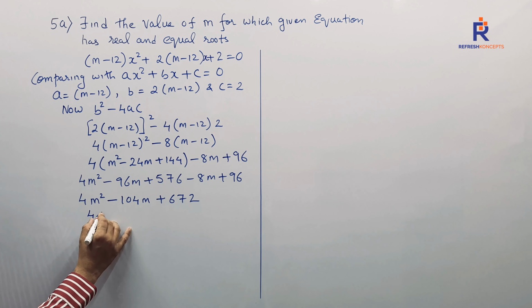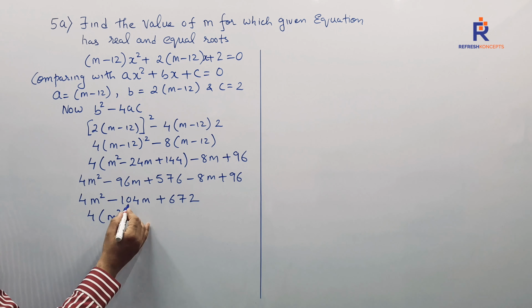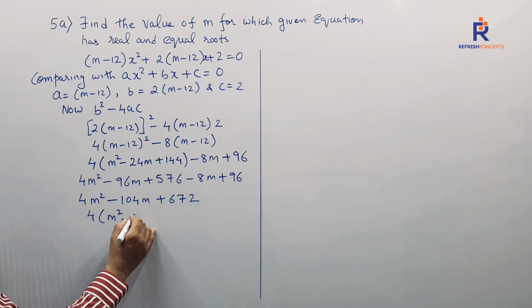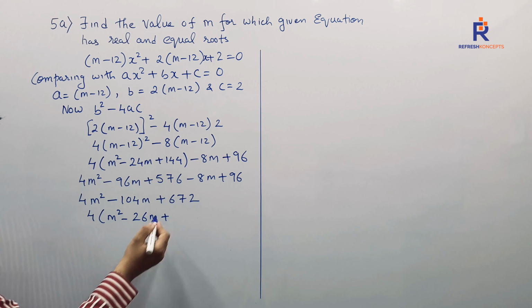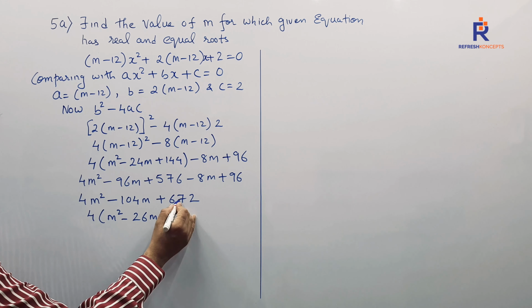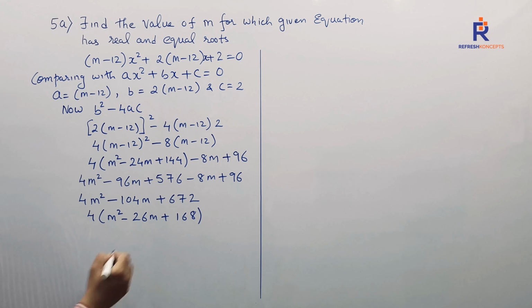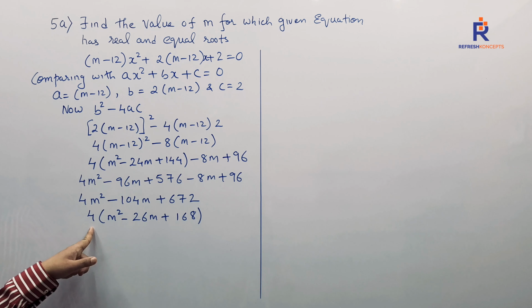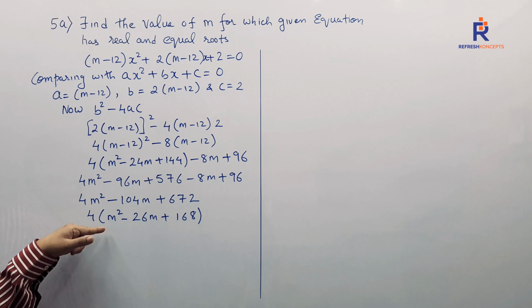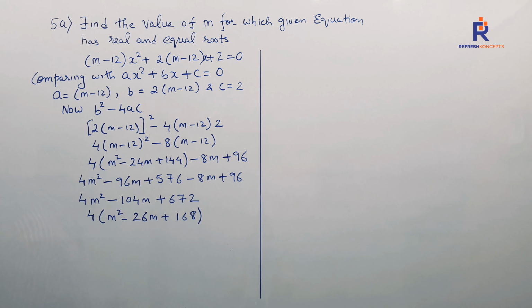On removing 4 common, I will get m square minus 26m, and from 672, 4 1s are 4, 4 2s are 8, 4 6s are 24, giving 168. So the value of b square minus 4ac turns out to be 4 times (m square minus 26m plus 168).